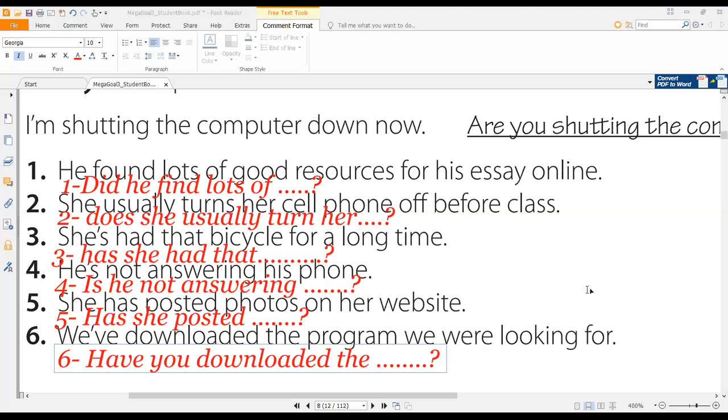Okay, Abdullah Al-Mutiri. She has posted photos on her website. Okay, this is the question. Has she posted photos on her website? Give me a short answer.